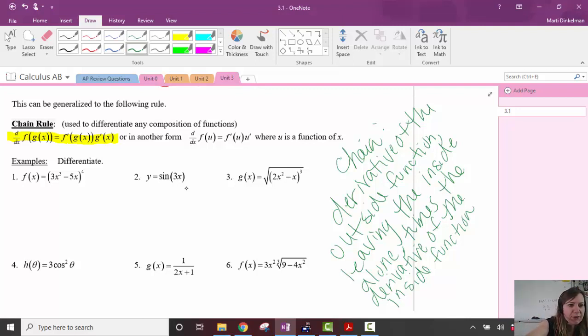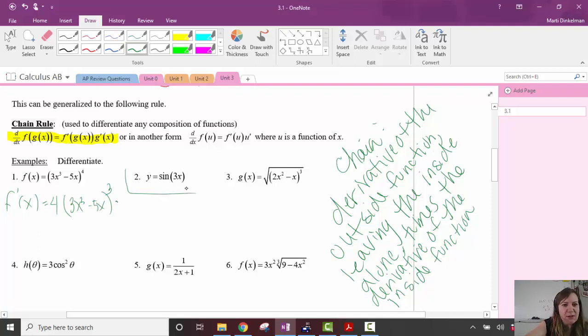So for example 1 here, for our derivative, the derivative of the outside function is really this exponent that's on the outside. So that's how we take care of the exponent. And then by chain rule, it says leave the inside alone. And then times the derivative of the inside function.